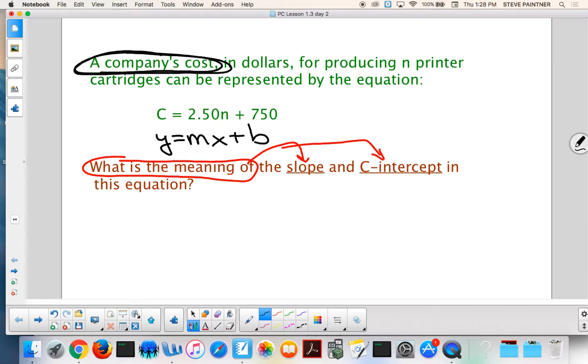C, for cost. So this formula says cost equals 2.50 n. N replaced x. What's n? Printer cartridges. Okay, so the number of printer cartridges produced. So now x and y have been replaced with c and n.